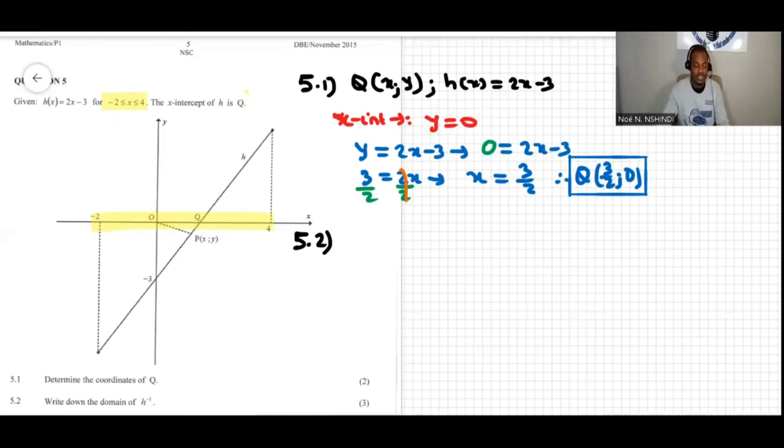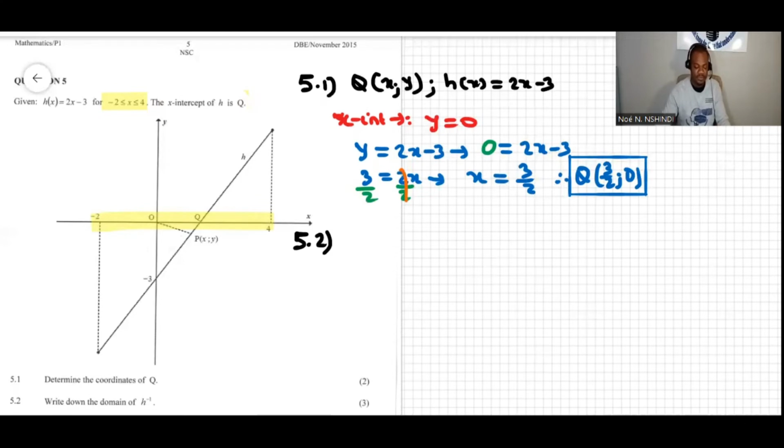Now, when we talk about the inverse of a function, we reverse the axes, or we change the variables: x becomes y and y becomes x. So the domain of h of x becomes the range of h minus 1, and similarly, the range of h of x becomes the domain of h minus 1.